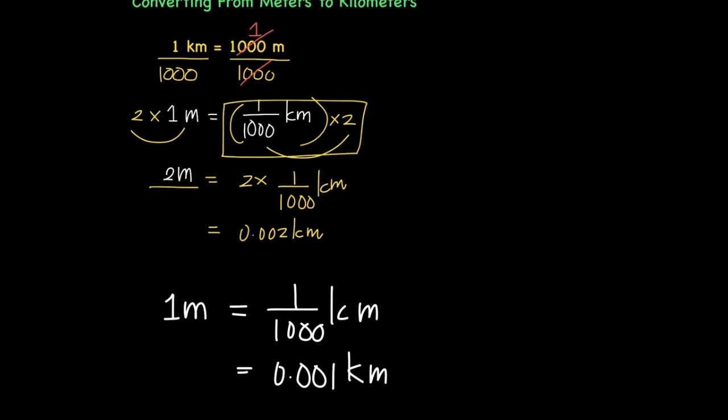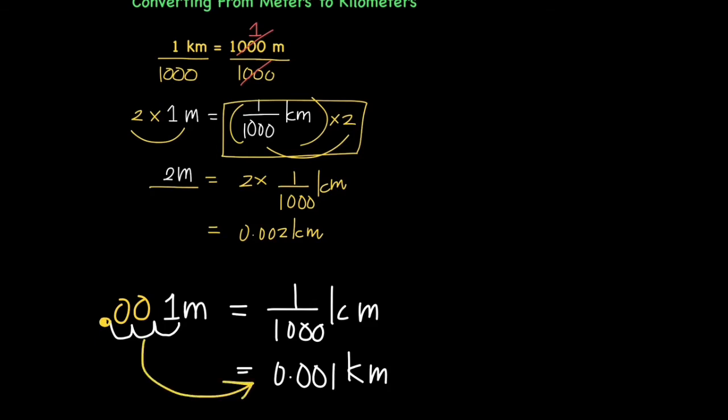And this is something that you might have learned in basic math: you move the decimal point by 3 places when you divide a number by 1,000. So that creates a 0 and another 0, and the decimal point is transferred here. That's the reason why we have 0.001 km.